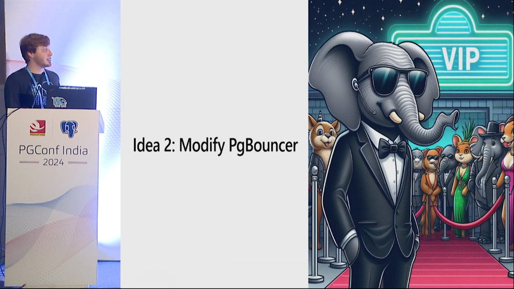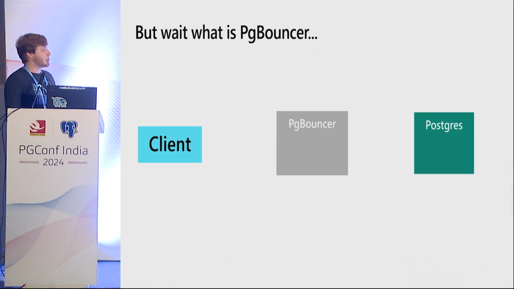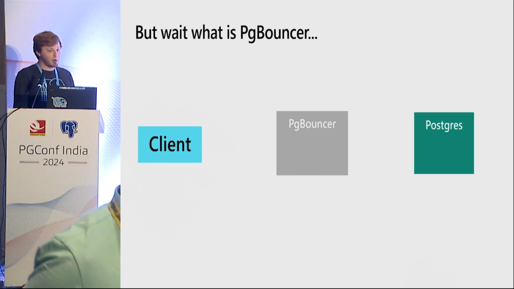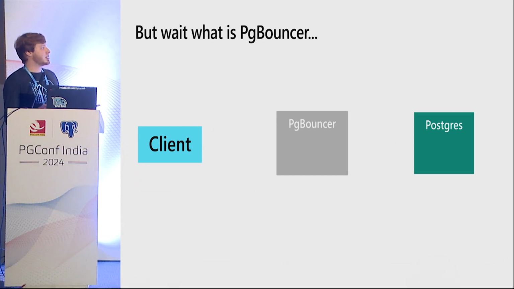So the second idea is to modify PgBouncer. But wait, maybe not everyone here knows what PgBouncer is. So let me give a quick introduction. PgBouncer is a proxy for the Postgres protocol, a connection pooler, to be specific.